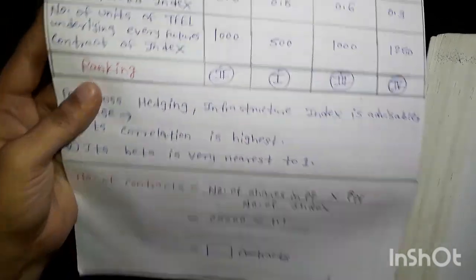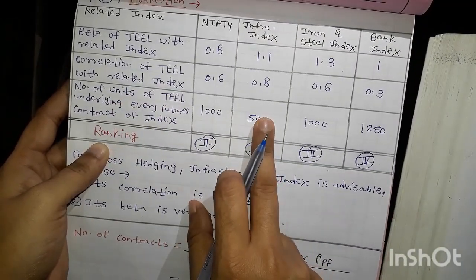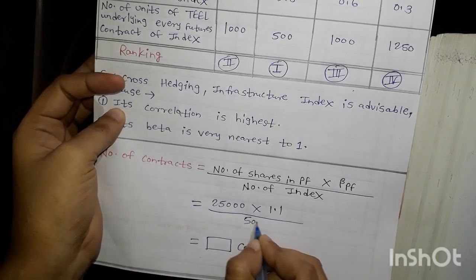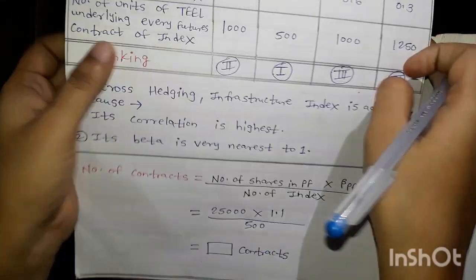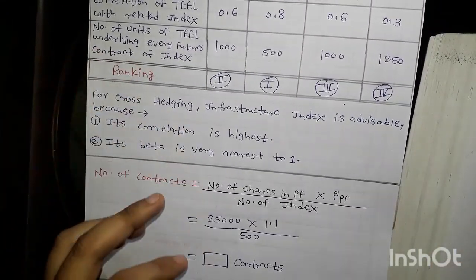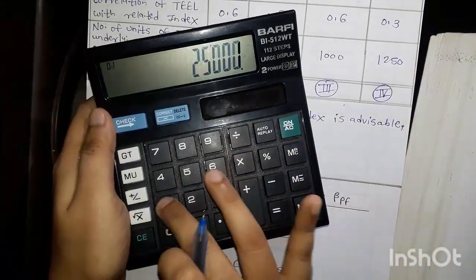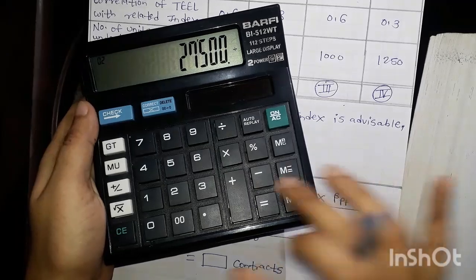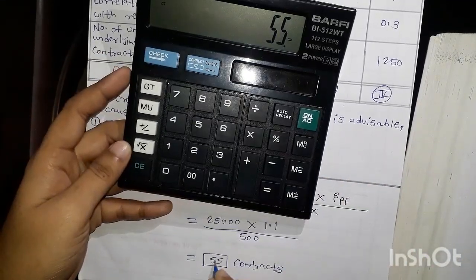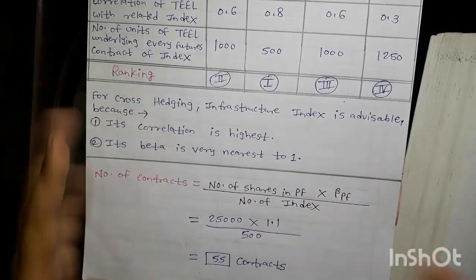Number of index, meaning number of units, we will also consider of the infrastructure index, that is 500. Now we will find 25,000 multiplied by 1.1 divided by 500. I am getting 55 contracts here, so this is the answer.